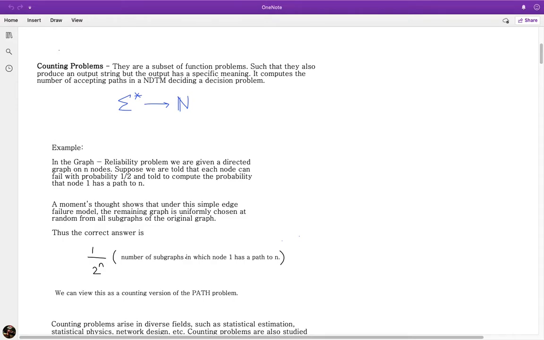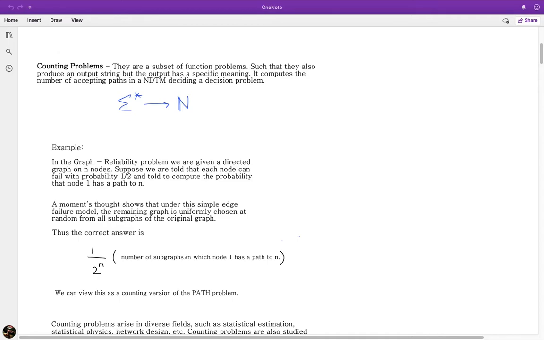Some of the problems which we will discuss in this part show how we can find a complexity for those types of problems, and define how hard such problems are. Counting problems are very useful in many areas of mathematics and various other fields. Some examples are enumerative combinatorics, where you are finding the number of combinations with a specific property.